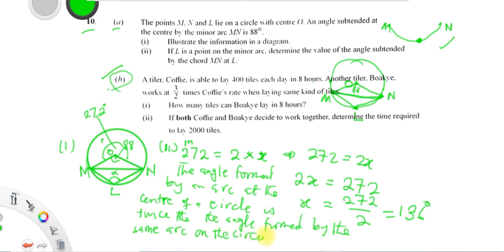Guys, circumference, you have to state that. It's very, very important. This is the theorem you are applying, so you have to state it.